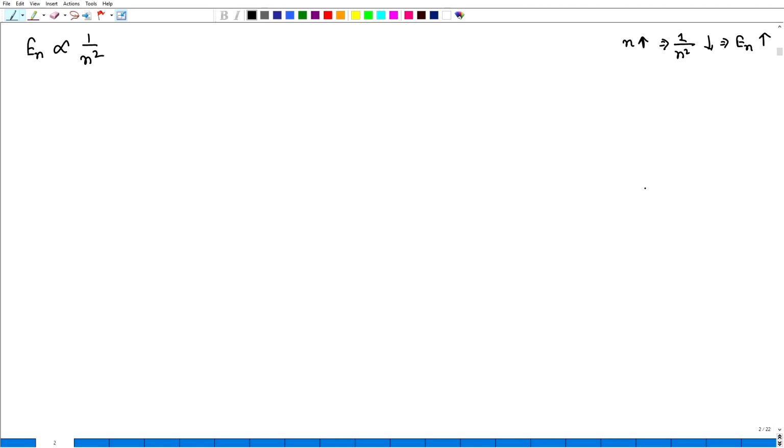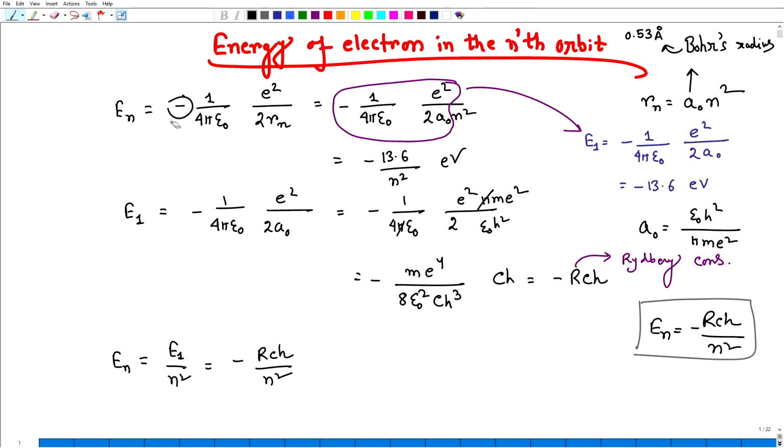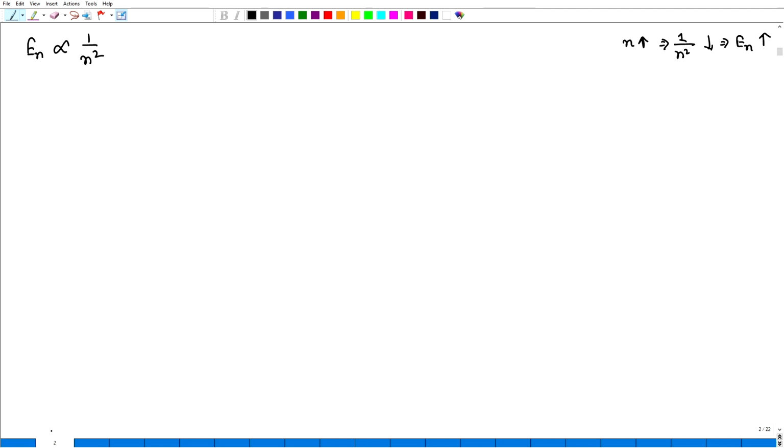Okay, but if we consider the numerical value only, the magnitude, then En is proportional to 1 by n square, correct. So this is the energy. That means if we increase n, the magnitude of the energy will decrease. We are considering the minus sign as well for the energy, but if we consider only the magnitude, then it is correct.